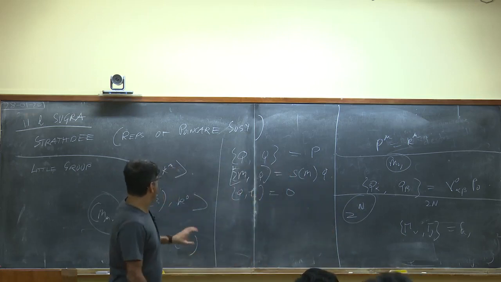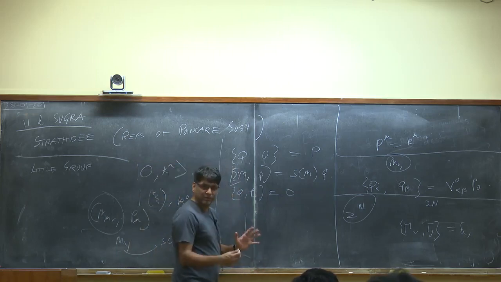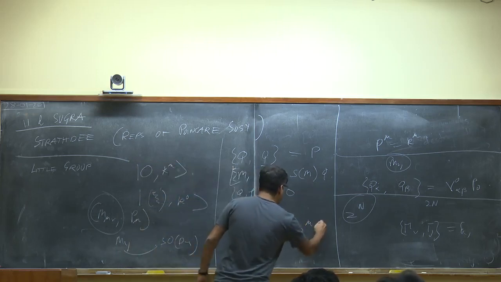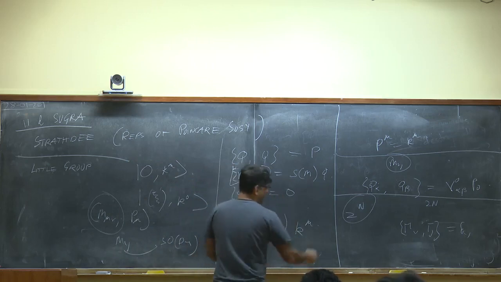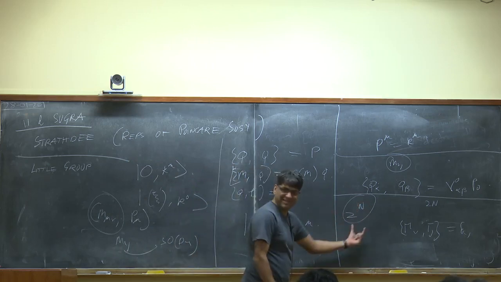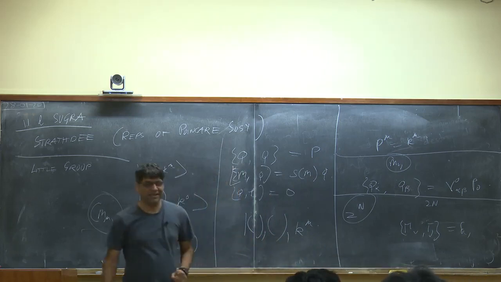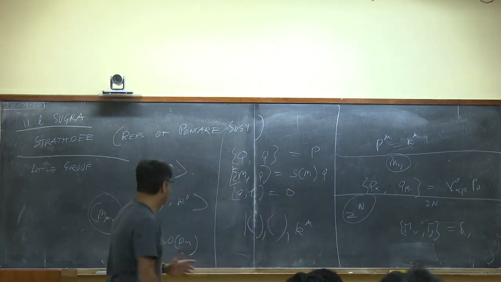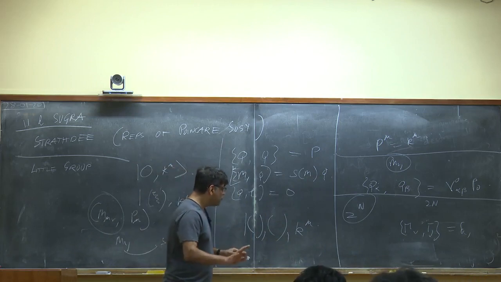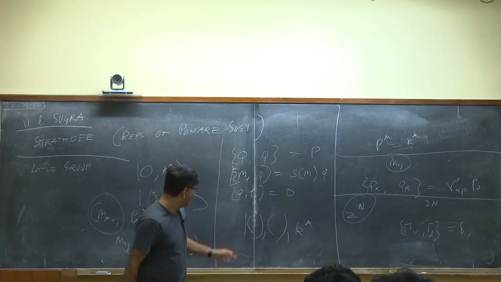Now, the full representation that you have to look at is given by k mu, then these 2 to the power n components. And there's one more slightly tricky thing here, which will play no role in what I'm going to say, but let me tell you about it. Let's say there are no central charges.